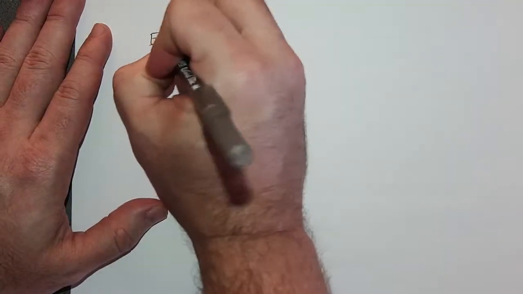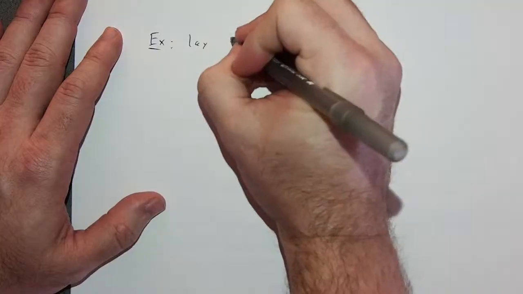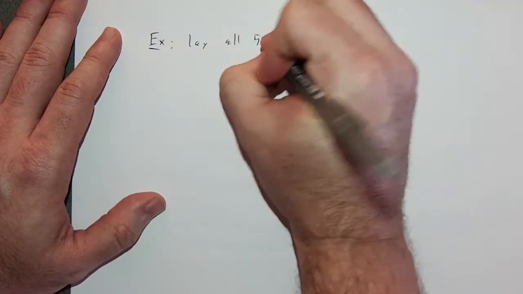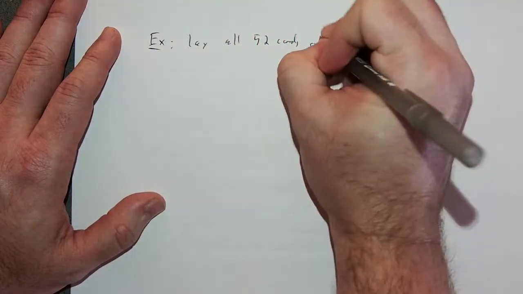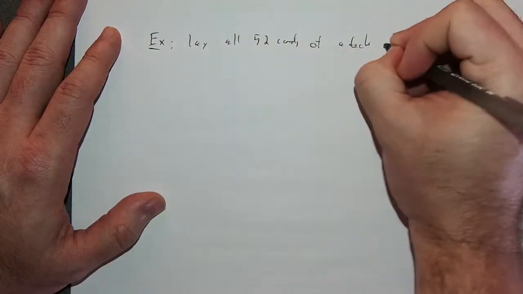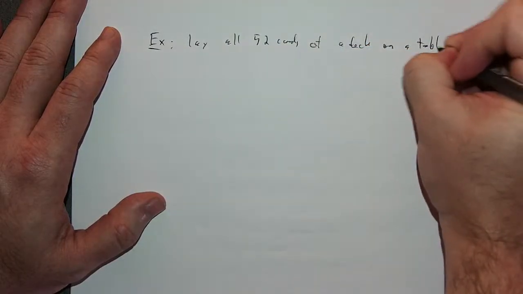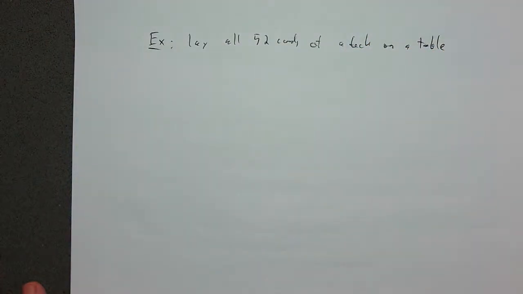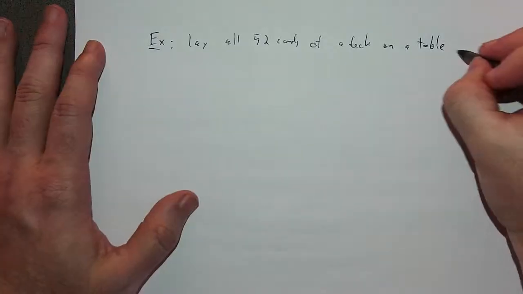Here's another example. Lay all 52 cards of a deck on a table, and we'll say face up.